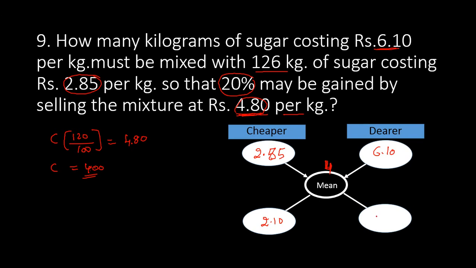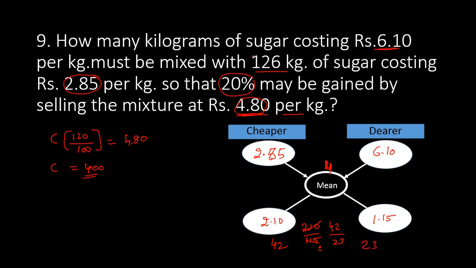If you deduct that, 1.15. You can find the ratio 210 by 115. It means 5 42s, 5 23s. So these two varieties must be mixed in the ratio 42 is to 23.